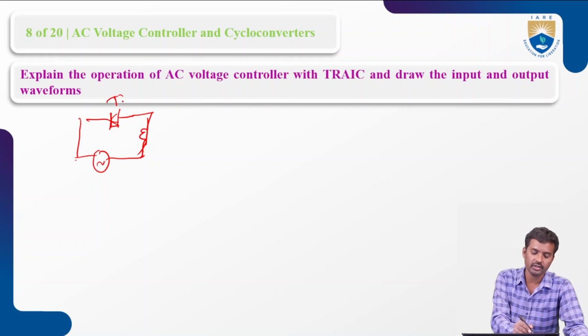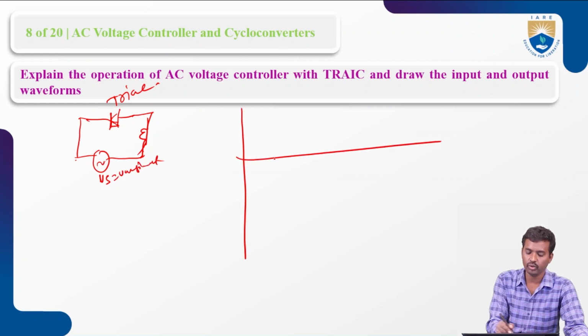Triac means triode for alternating current. And here V equals Vs equals Vm sin omega t.